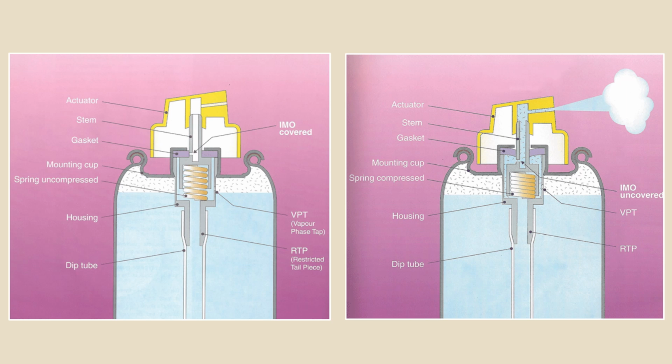In this diagram, as you can see, this is the actuator, this is the stem, this is the gasket, mounting cap is here, spring uncompressed, housing, dip tube, and in this the spring is compressed. In this one the spring is uncompressed, and in this the spring is compressed.